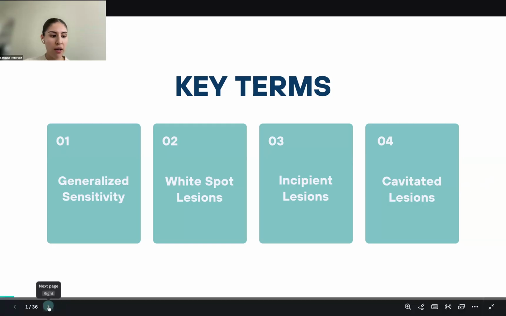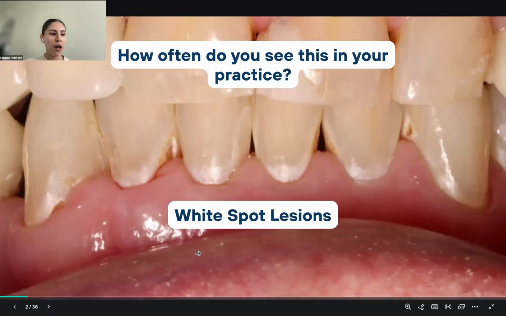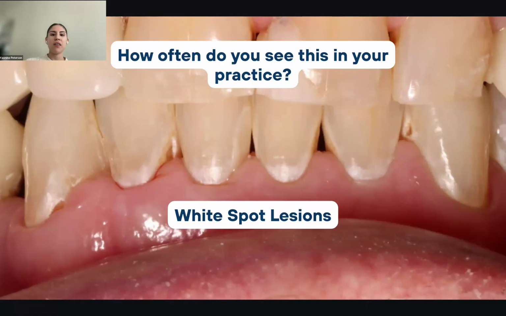Okay, moving on. All right, so how often do we see this in our practices? White spot lesions, like I said earlier, is the first sign of enamel demineralization. The good thing about a white spot lesion is that we can show it to our patients and let them know that this is an early sign of disease.